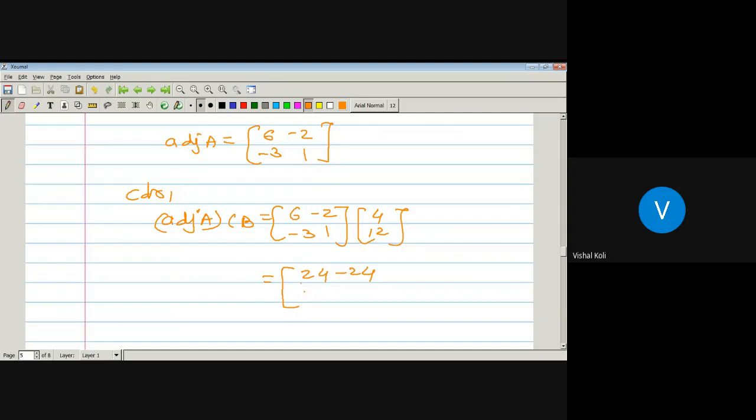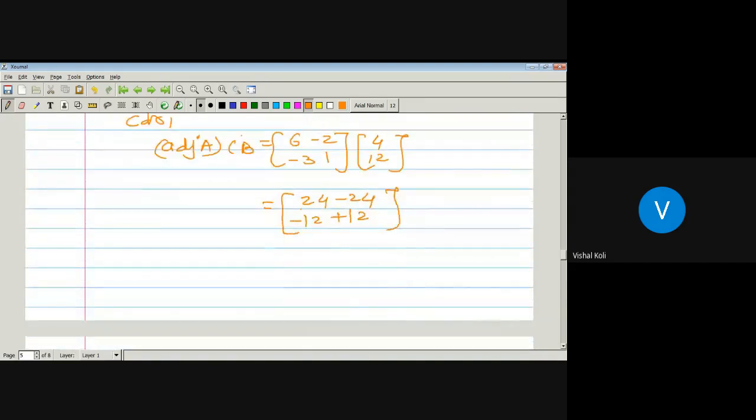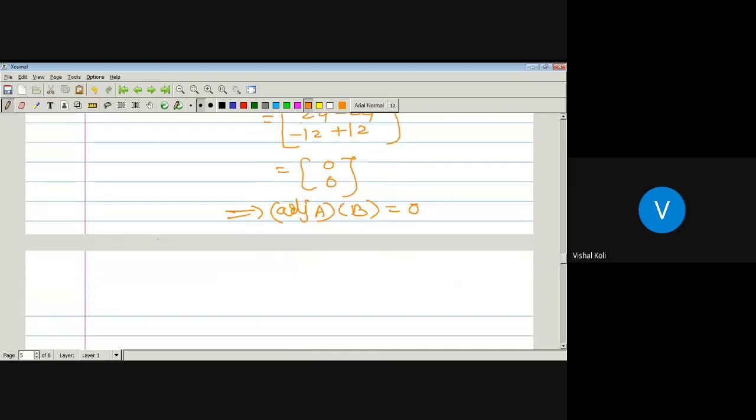Minus 3 into 4, minus 12. Plus 1 into 12, plus 12. Which is equal to 24 minus 24, 0. Minus 12 plus 12, 0. Which implies adjoint of matrix A into matrix B is equal to the null matrix. And then by the method, the given system of linear equations has an infinite number of solutions.